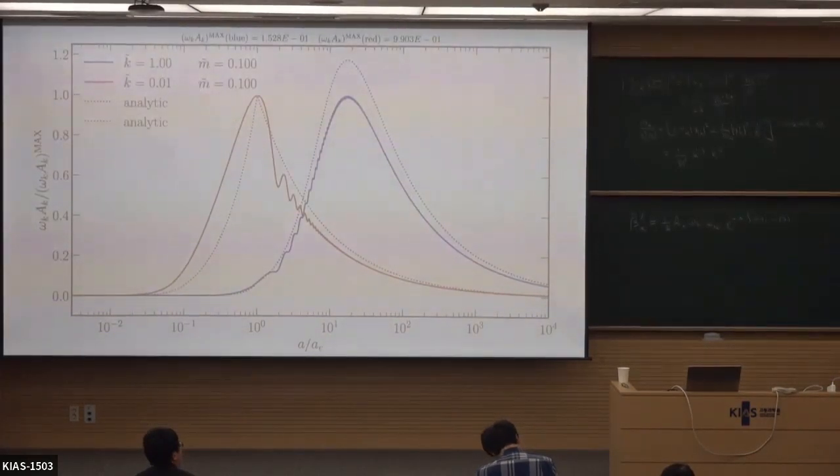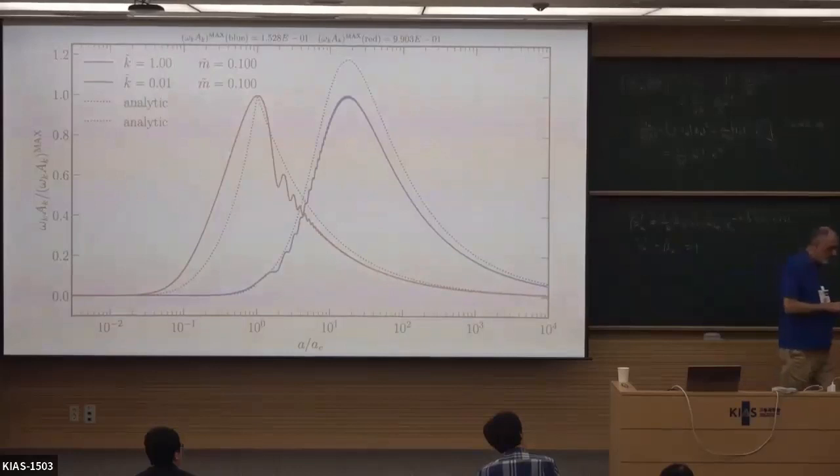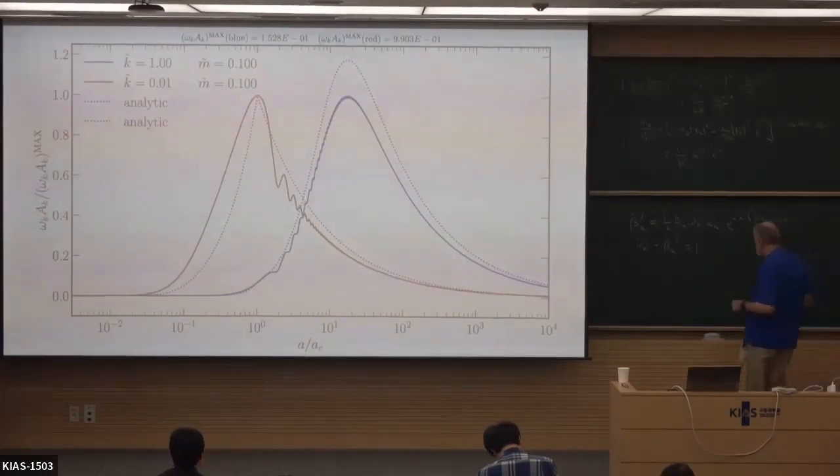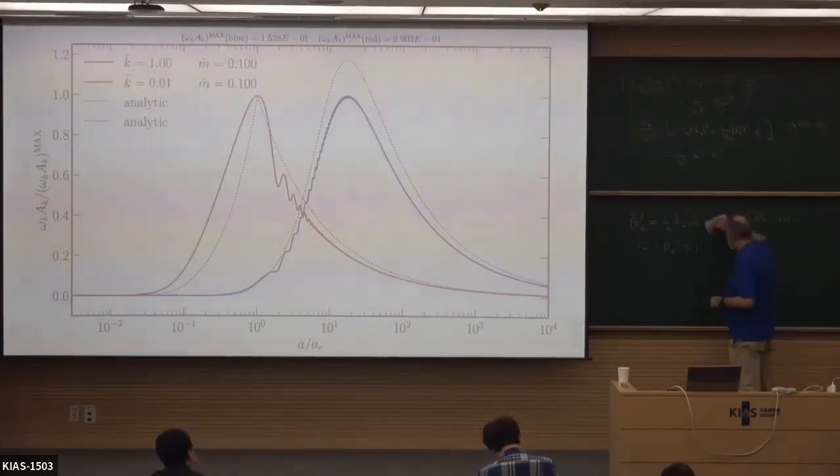Now, if beta of k is small, alpha of k is approximately equal to 1. So we can set this equal to 1 if beta of k is small.